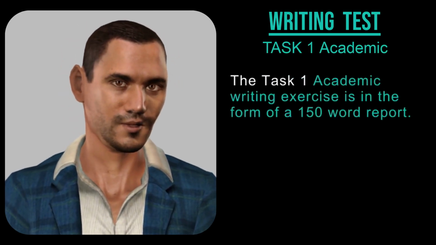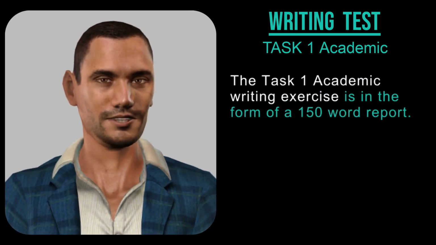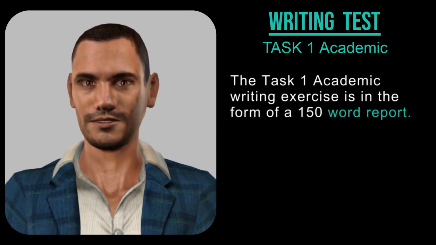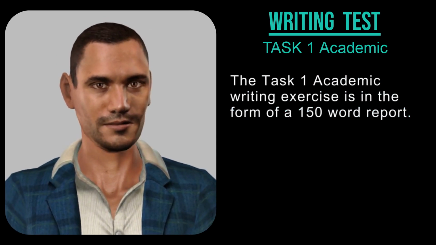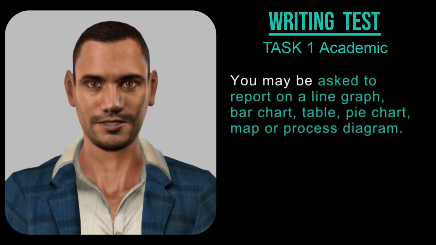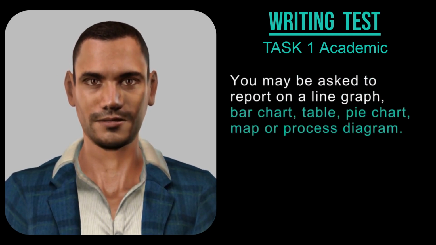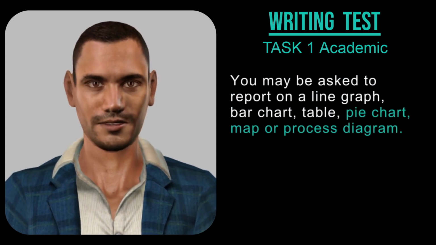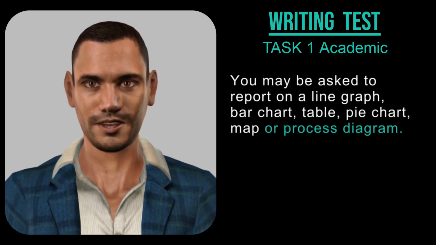The Task 1, Academic Writing Exercise, is in the form of a 150-word report. You may be asked to report on a line graph, bar chart, table, pie chart, map, or process diagram.